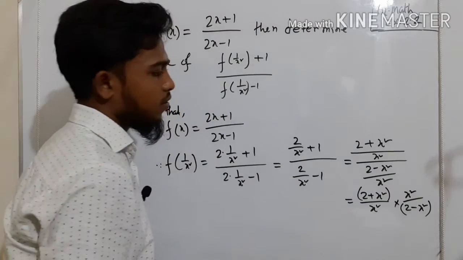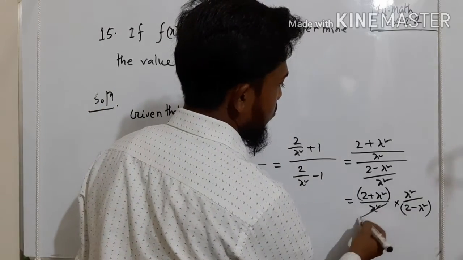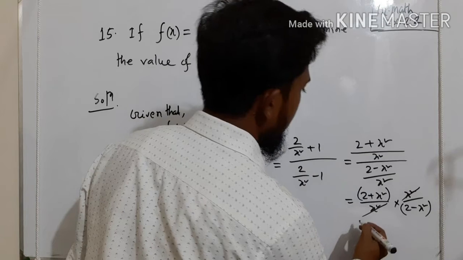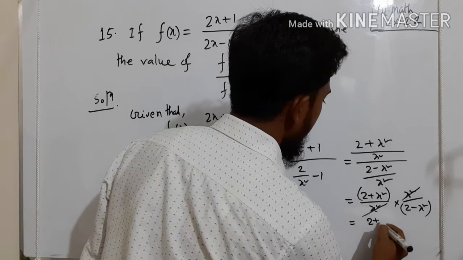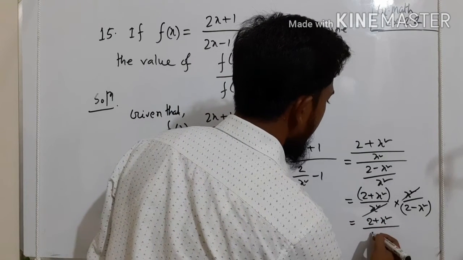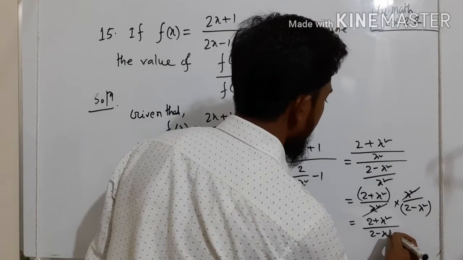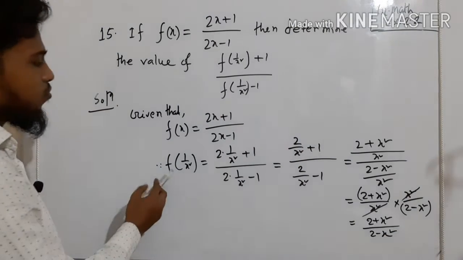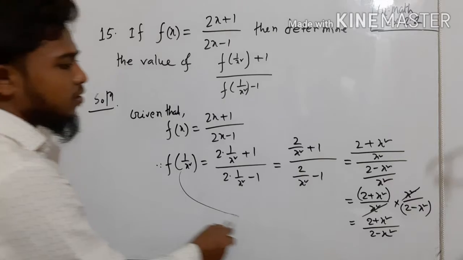So here x square and x square are cancelled. So 2 plus x square divided by 2 minus x square. The value of f of 1 by x square is this.